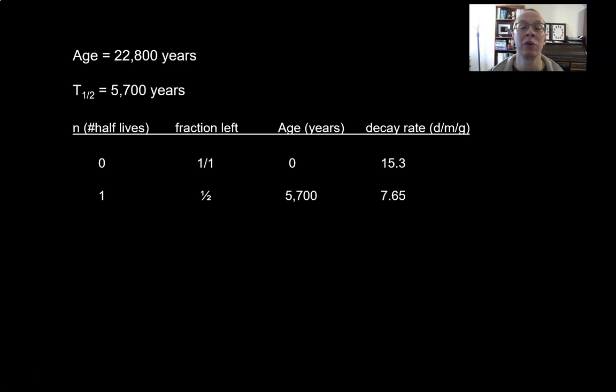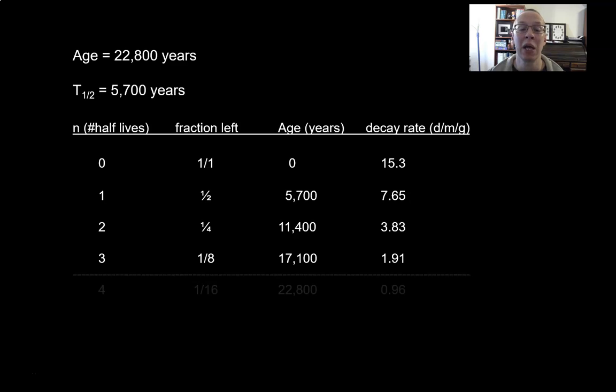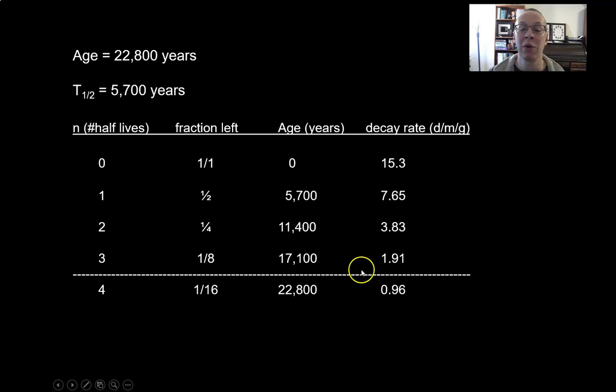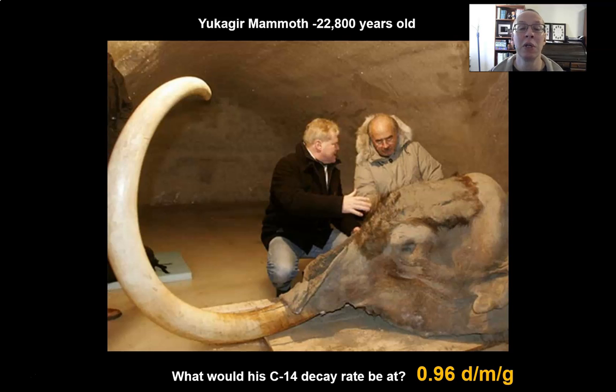So we're going to work our way down in our age column until we get to 22,800 years old. So here again, don't forget you're adding 5,700 years each time to the age column. And when we get to that column, we find out, oh, the decay rate should be about 0.96 decays per minute per gram. And so this becomes our answer.